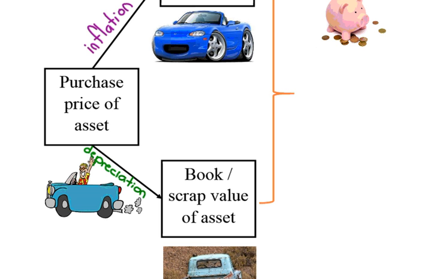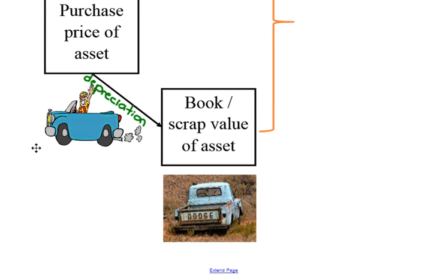That car is going to cost less, and we call that the car's book or scrap value. The book value is just the price you could sell the car for again in 5 years' time. The scrap value is if that car actually can't be used anymore, the amount that it's going to be sold basically as scrap. So see, Bob's car is now nice and old, we're going to sell it for book or scrap value, which will be less because of depreciation.